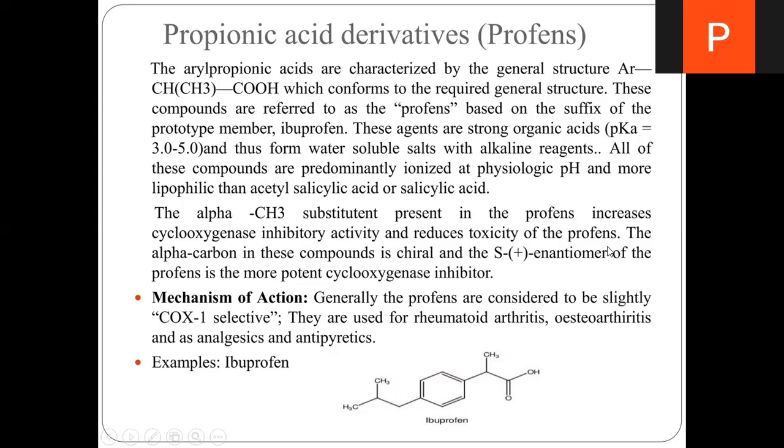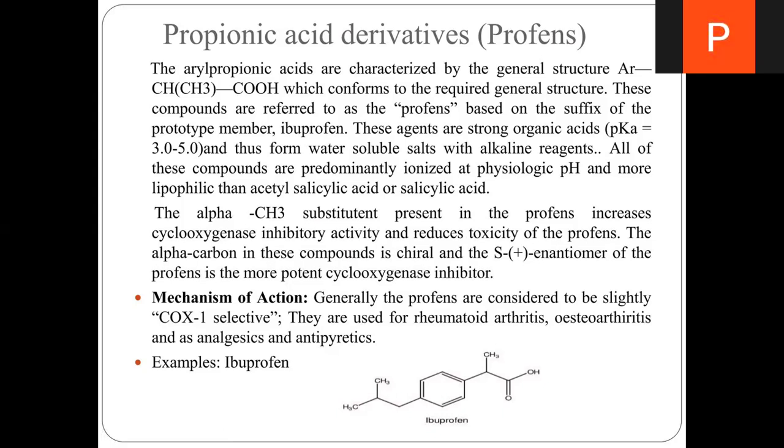The alpha carbon in these compounds is chiral, and the S enantiomer of the profens is the more potent cyclooxygenase inhibitor. Next, coming to the mechanism of action, generally the profens are considered to be slightly COX-1 selective.